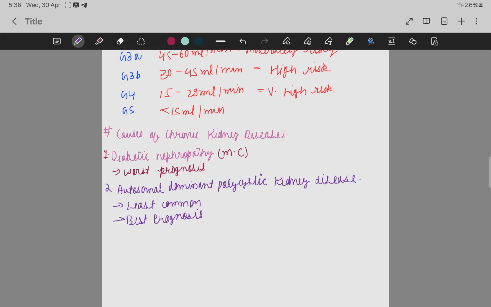As I told you, tubular interstitium injury. Wait, I'll write it with a different color.